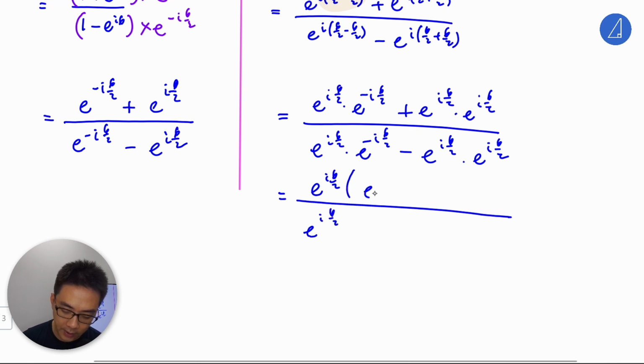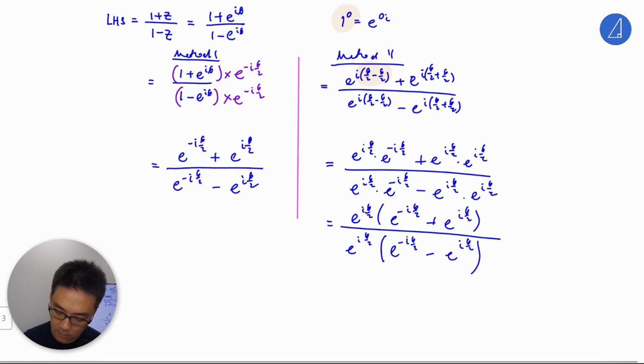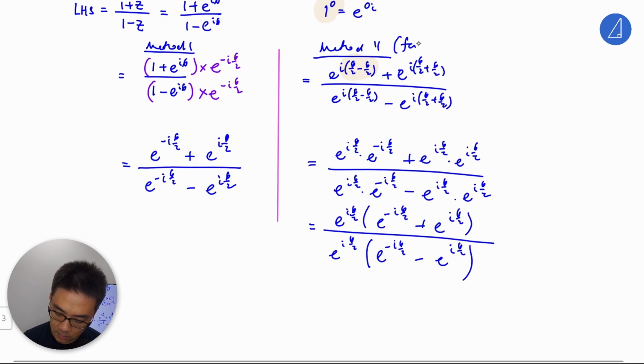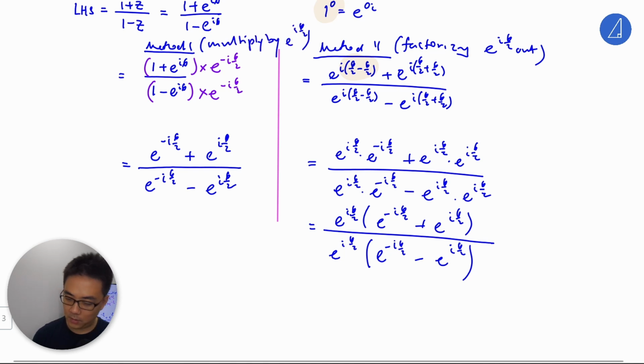For method 2, you can actually skip steps also. Going factorizing.